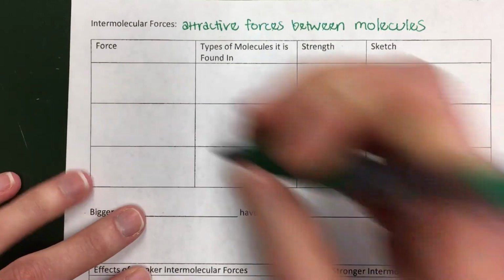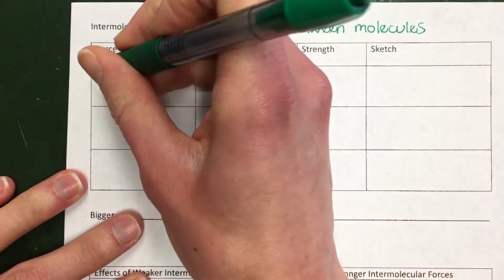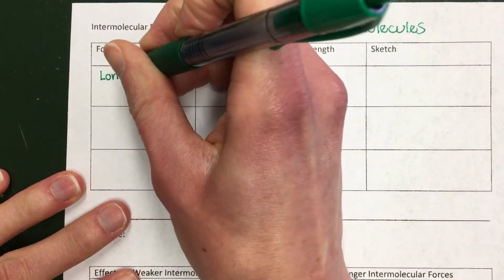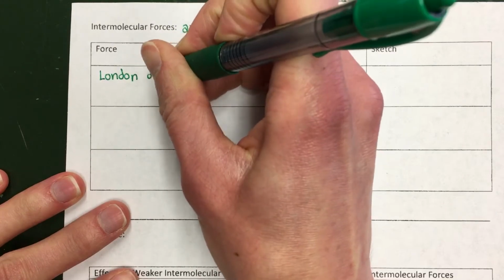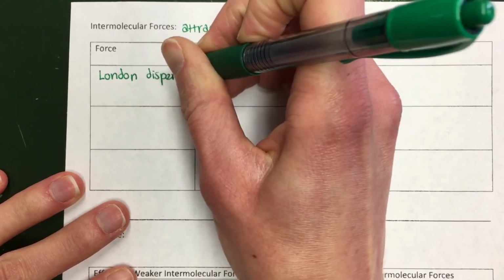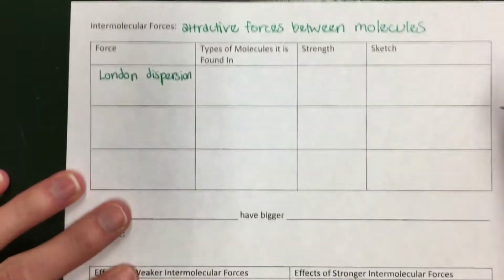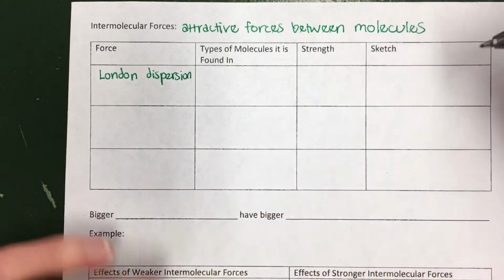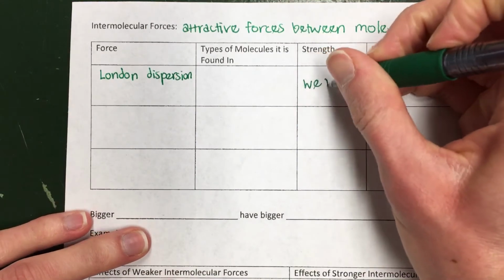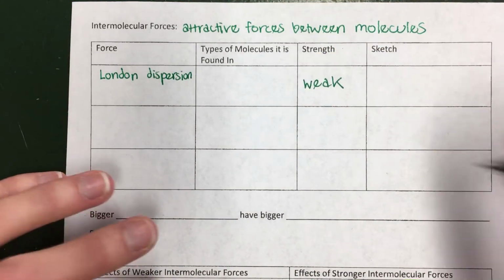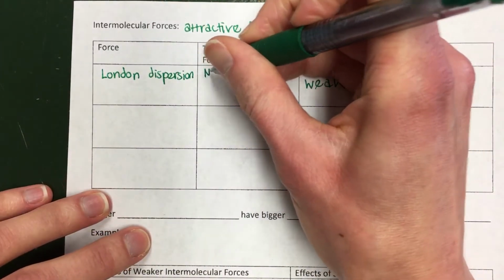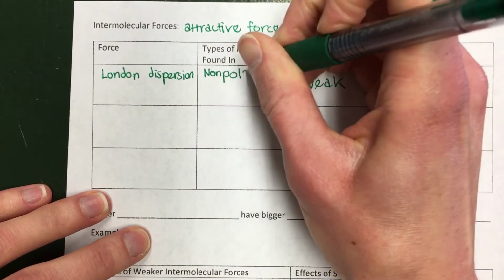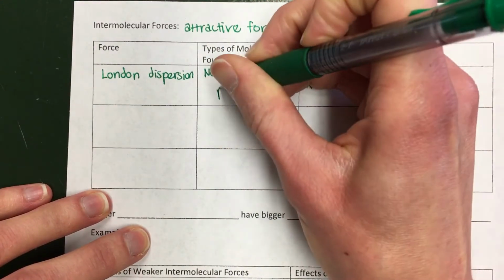The first one we're going to talk about is called London dispersion forces. It's kind of a long, complicated name, and it's a weak force. It's a pretty weak intermolecular force, but it's found in every single type of molecule, in nonpolar molecules and polar molecules.